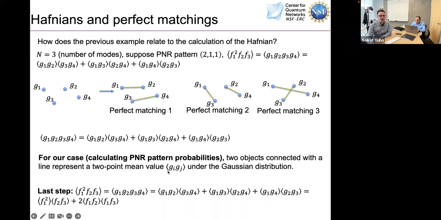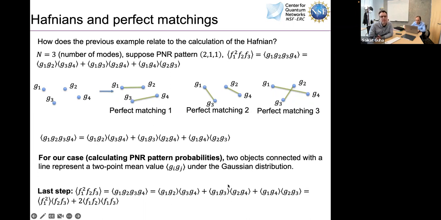Okay. Now, after you're done and you have calculated all of those 2-point mean values, which are easier to do than calculating in one go this mean value under the Gaussian distribution, you go back and you say, okay, now look, I have applied my Isserlis theorem by expanding my set of objects using perfect matchings, but I know that G1 and G2 are equal and are equal to F1.